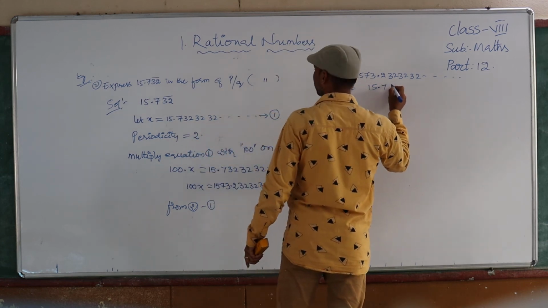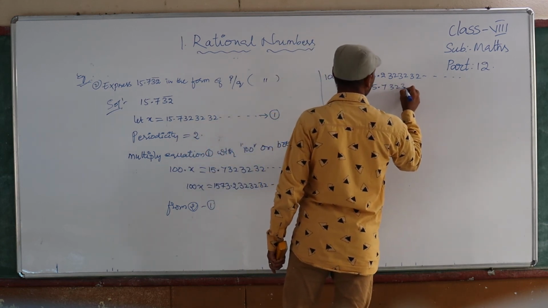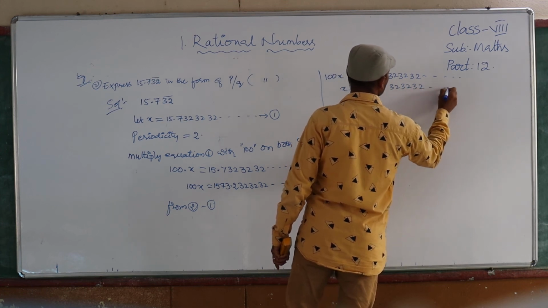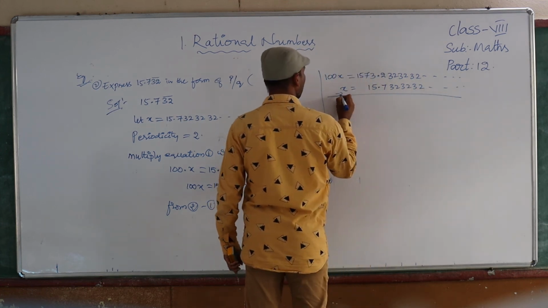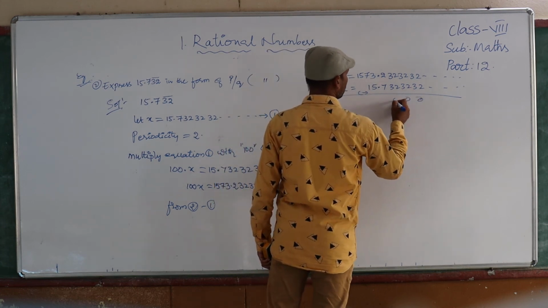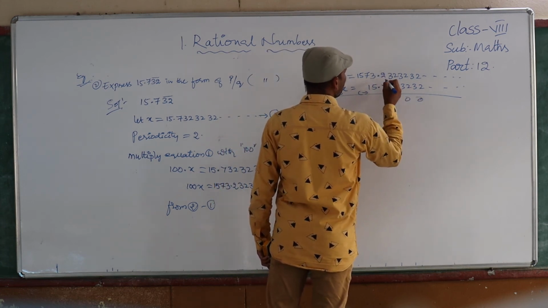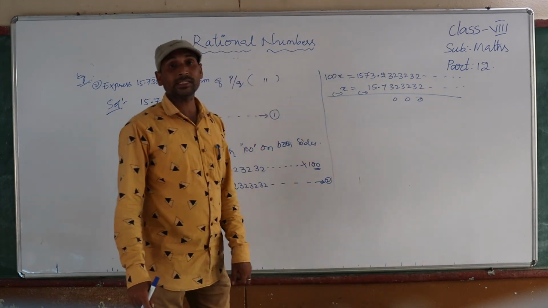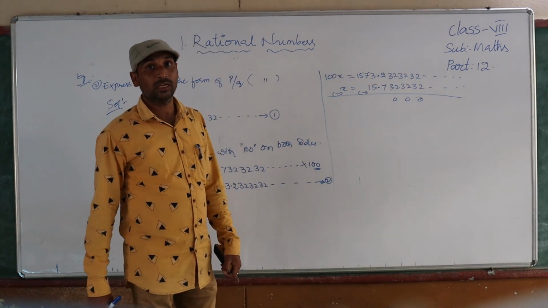Now subtraction. 2 minus 7 is not possible.